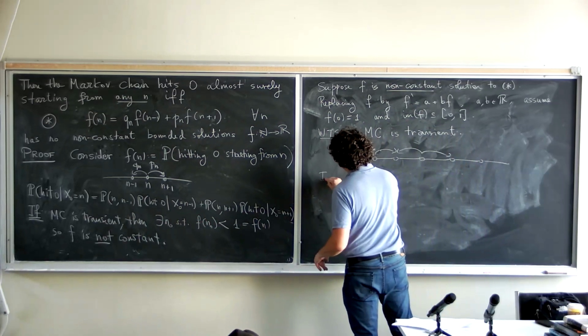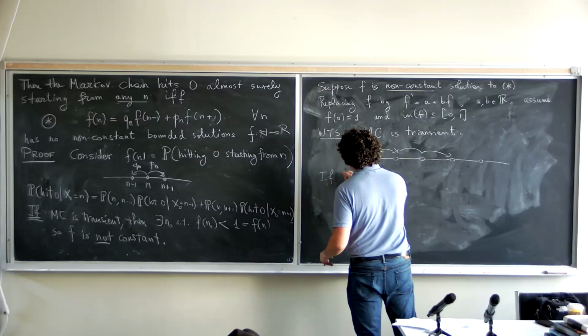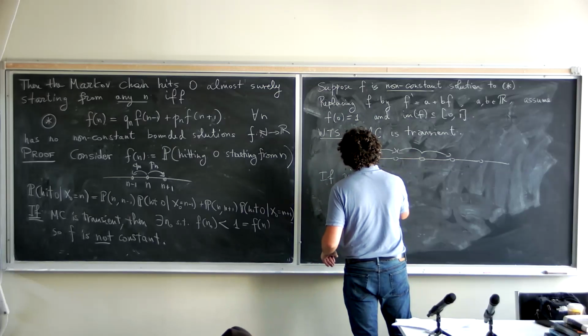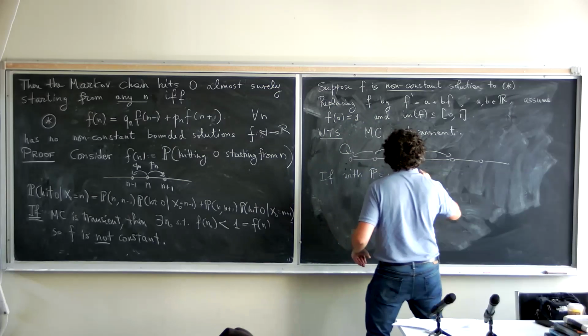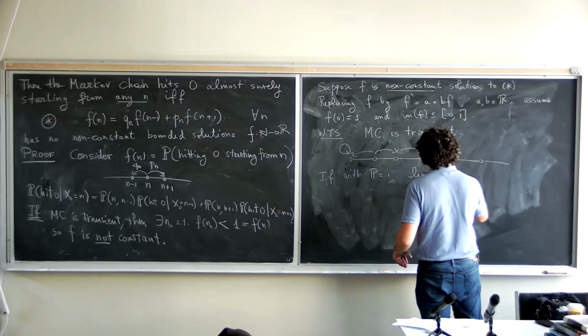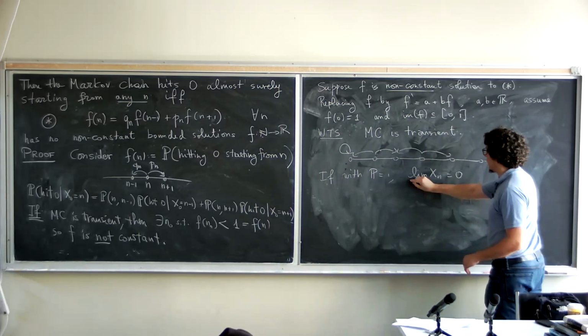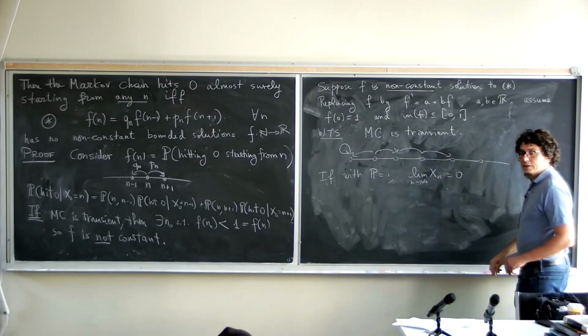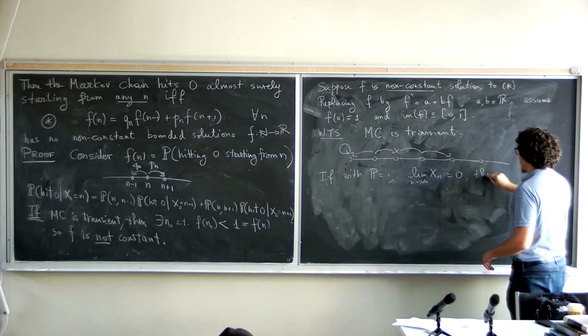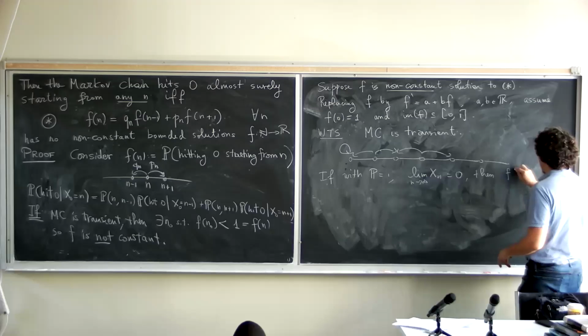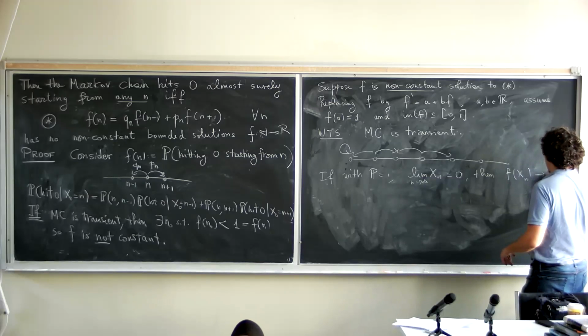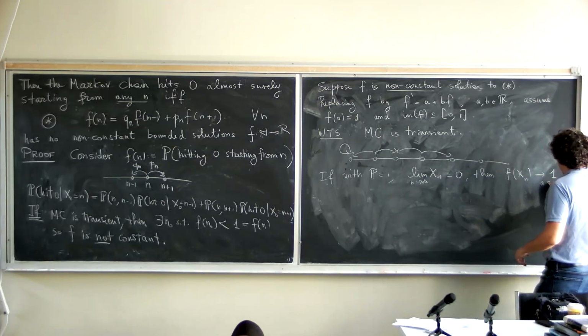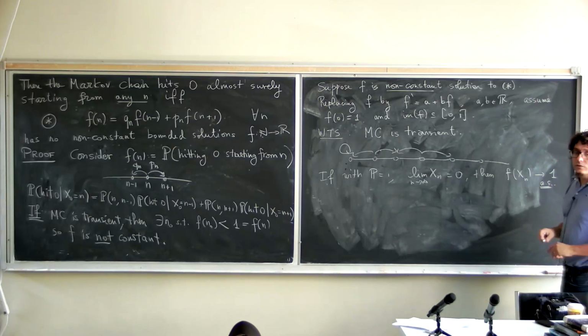Because if with probability 1 the limit of xn is 0, then f of xn also goes to 1, almost surely.